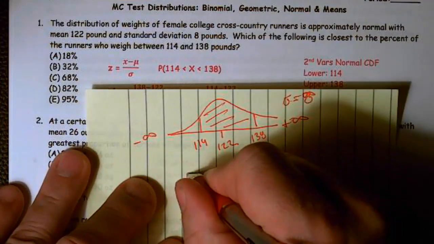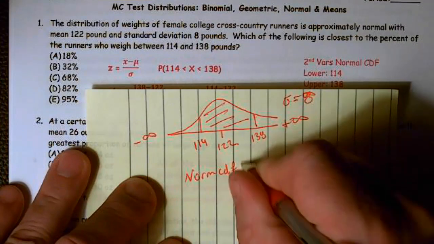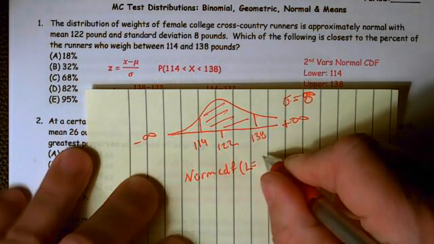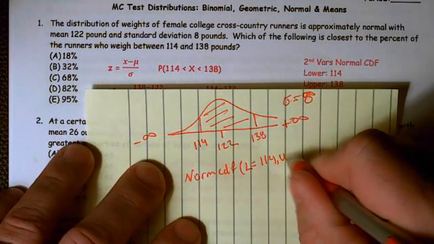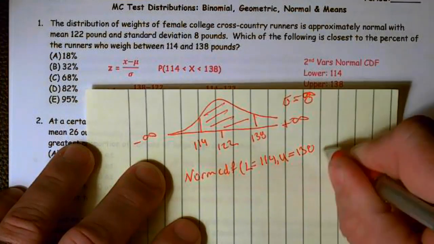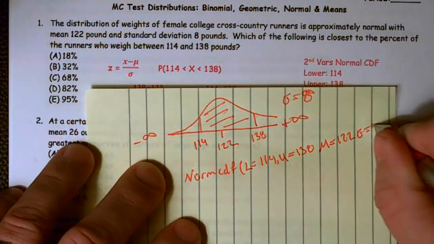Specifically, I'm going to start off by writing norm CDF lower equals 114, upper equals 138, mean is 122, standard deviation is 8.